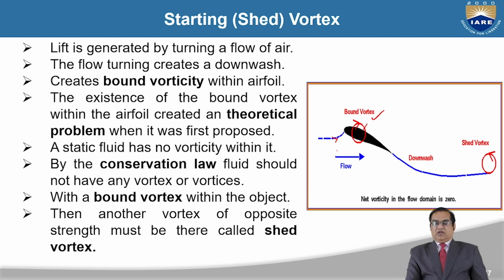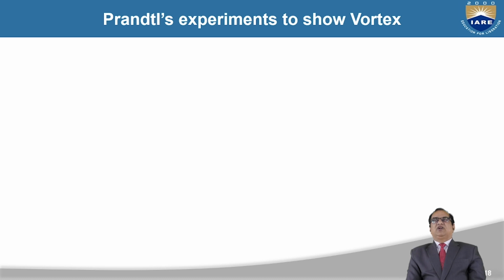There is one more vortex of the same size but opposite in nature, and this was found by Prandtl experimentally. He did the experiment and found that there is not only the bound vortex, but also a starting vortex in the downstream of the wing.